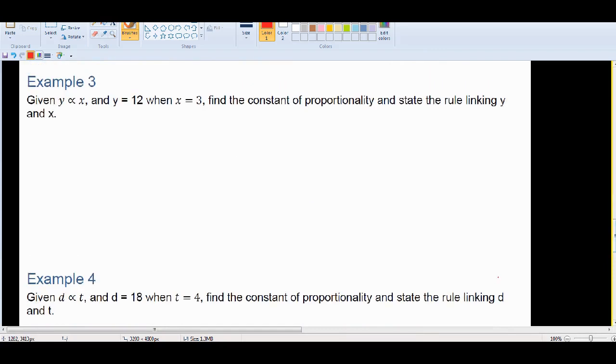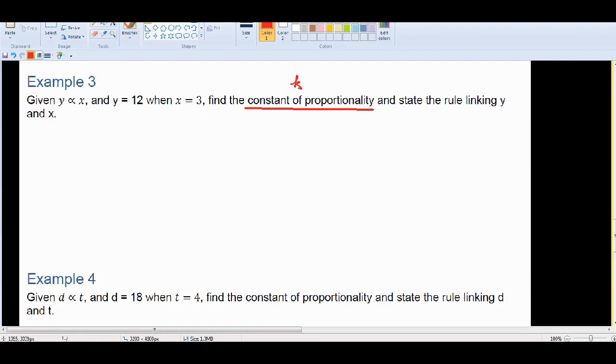Given y is directly proportional to x, and y equals 12 when x equals 3, find the constant of proportionality and state the rule linking y and x. Okay, so there are two parts of the question. The first part, you need to find a constant of proportionality, that means k.